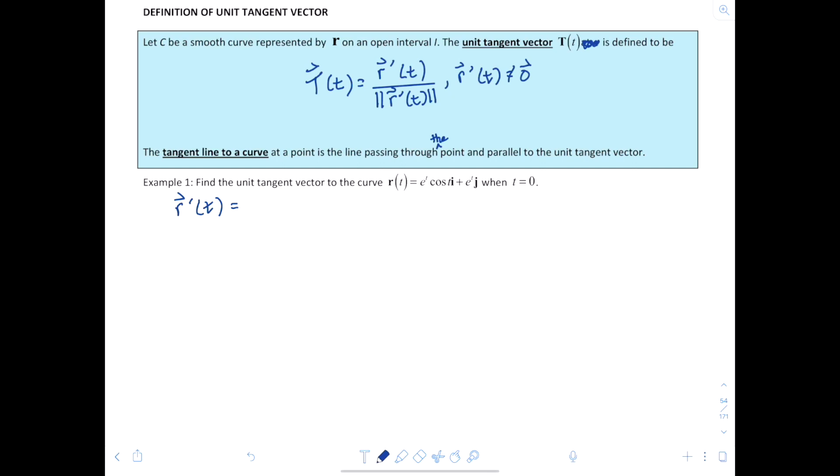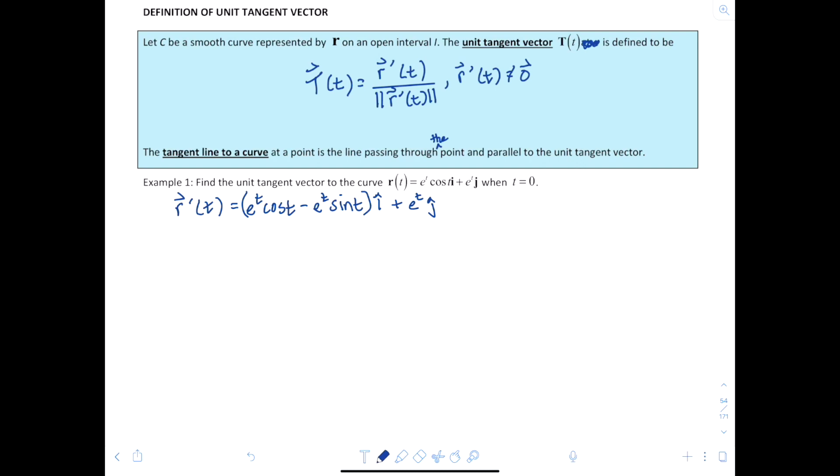So we'll start there. So r prime at t is going to be, we're going to need to use the product rule, e to the t cosine t minus e to the t sine t times i, and then plus e to the t times j.